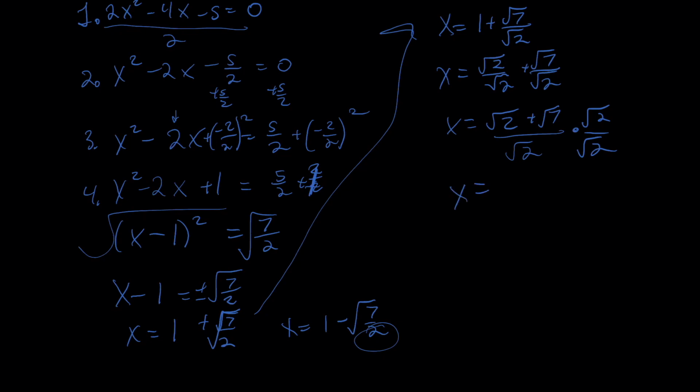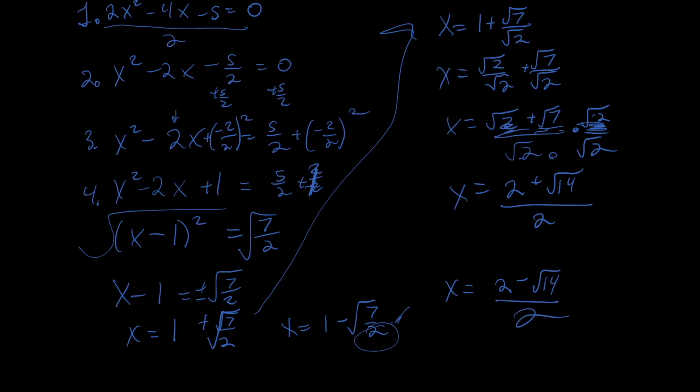That gives me x equals square root of 2 times the square root of 2, which is 2, plus the square root of 2 times 7, that's the square root of 14, over square root of 2 times the square root of 2, which just gives me 2. Then I do the same thing for the other one, and I get x equals 2 minus the square root of 14 over 2.